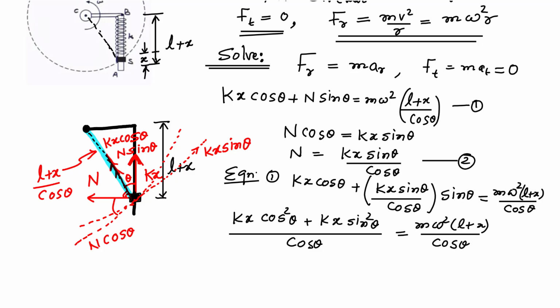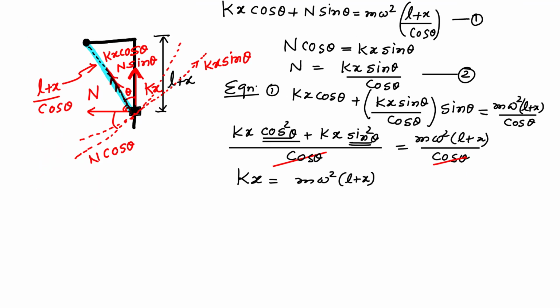So cos theta cancels out, and here you will have cos square theta plus sin square theta, that will be 1. So you can write kx equals m omega square (L plus x). From here you can solve for x. What will happen?